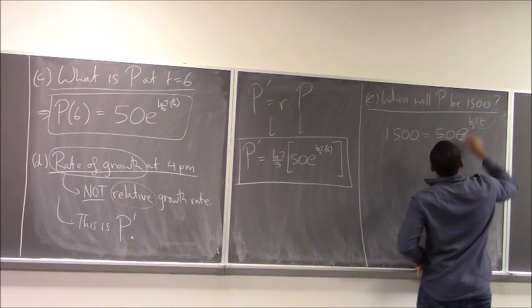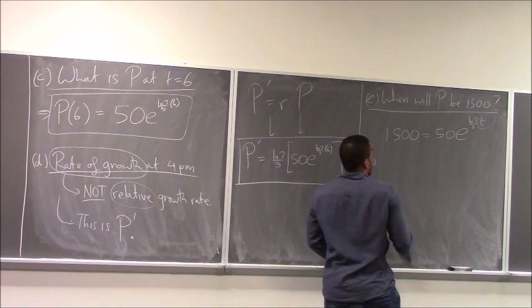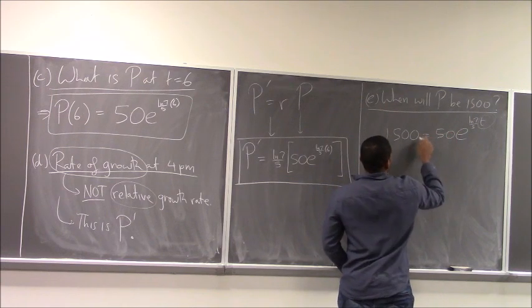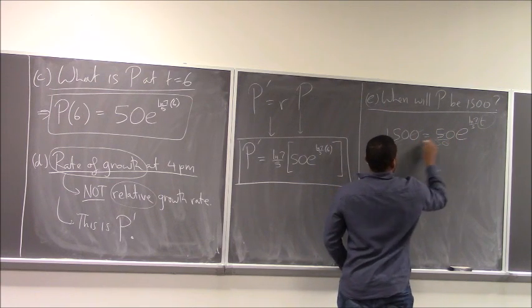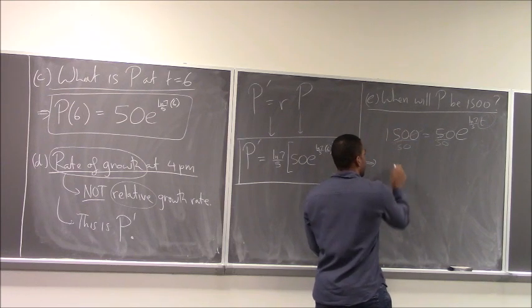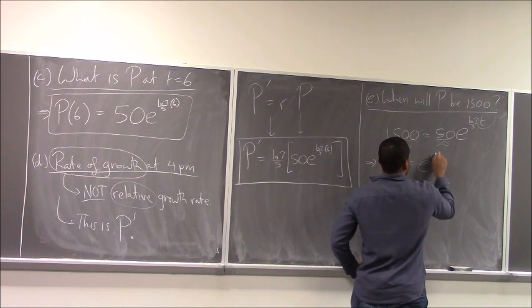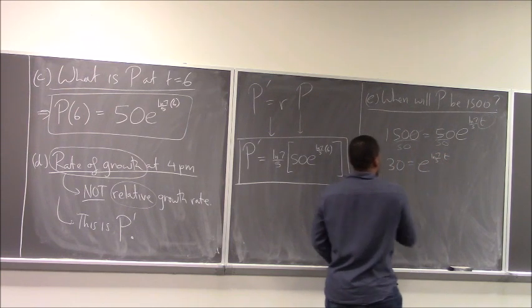I'm looking for when, which means I'm looking for time. So I divide both sides by 50. What does this become? 30. 30 equals e to the ln of 7 over 5 t.